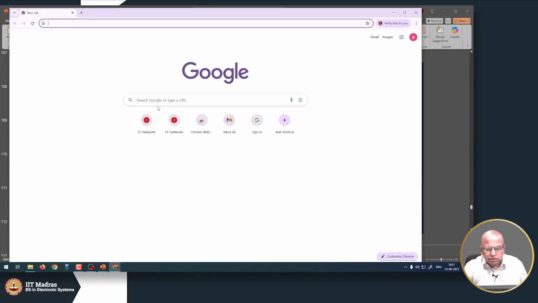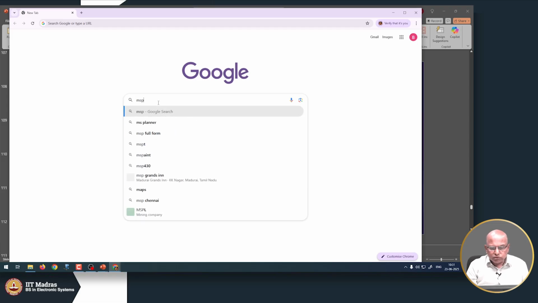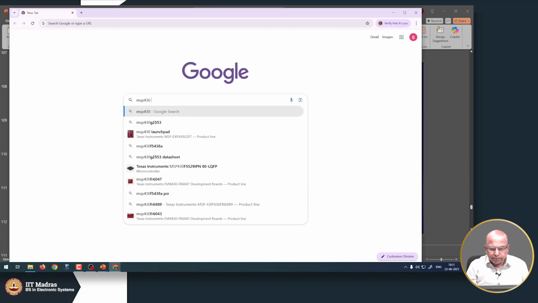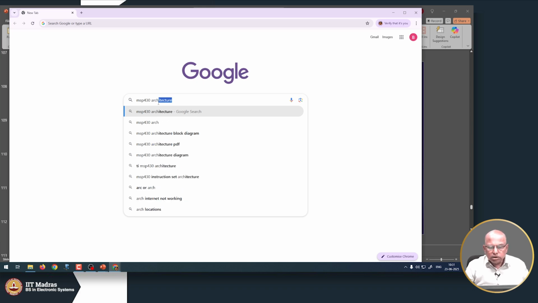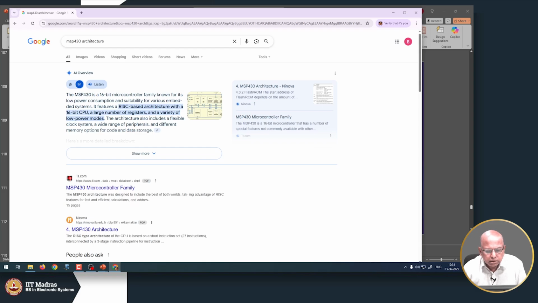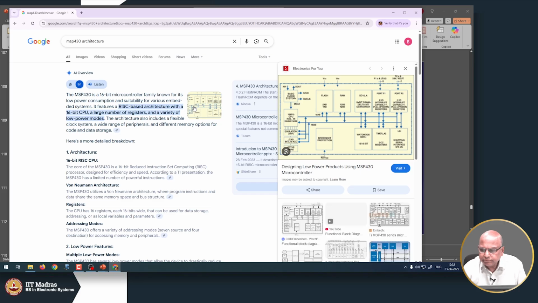Okay. So, let us look at a very popular microcontroller called MSP 430. Let us look at the MSP 430 architecture. So, here is the MSP 430 architecture.